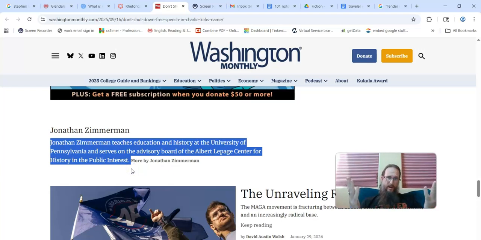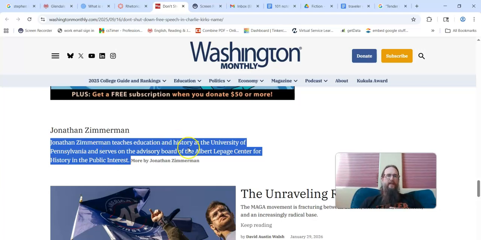Why do they put it there? Because they want you to see that the author knows what they're doing. This person is credible, right? He's a history professor at a very prestigious university. This is not just some random guy that they pulled off the street to write the article, right? And so the byline is included to prove his credibility, right?